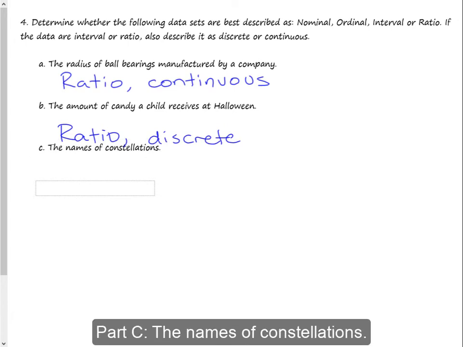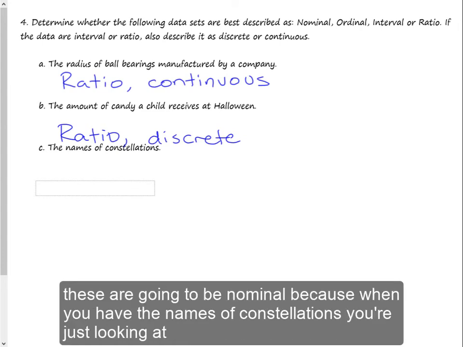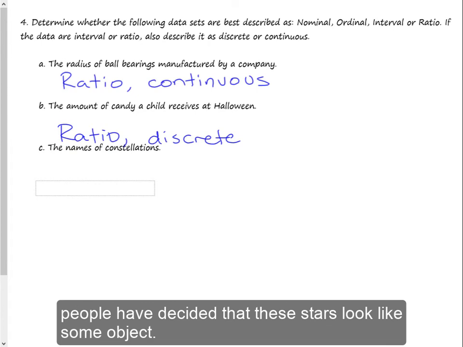Part C, the names of constellations. The names of constellations, these are going to be nominal, because when you have the names of constellations, you're just looking at different regions of the sky that people have decided these stars look like this object.